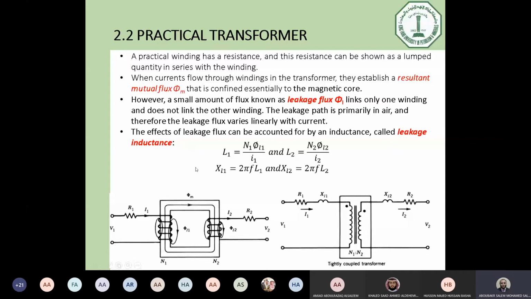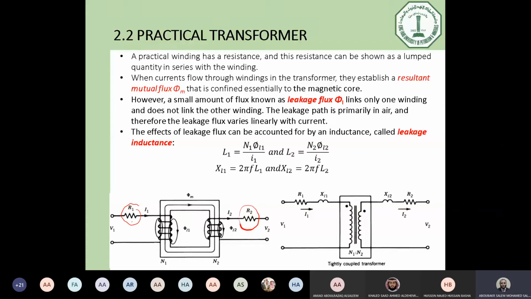Now, we discussed the ideal transformer. What is the difference between the ideal and the practical one? Simply, we didn't consider the resistance in the ideal transformer. If we consider the resistance, you will have a resistance R1 here, and the same for the secondary side, R2. Also, we considered that there is no magnetic leakage flux.